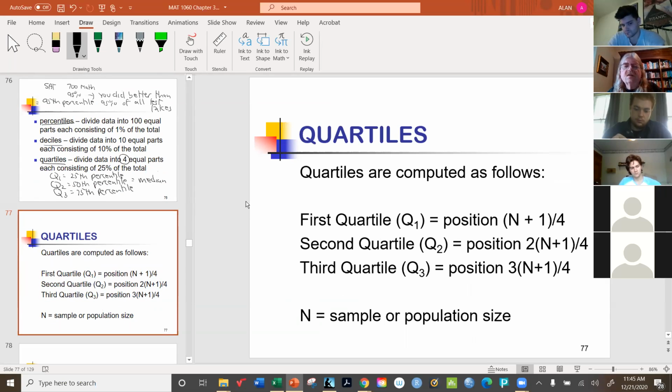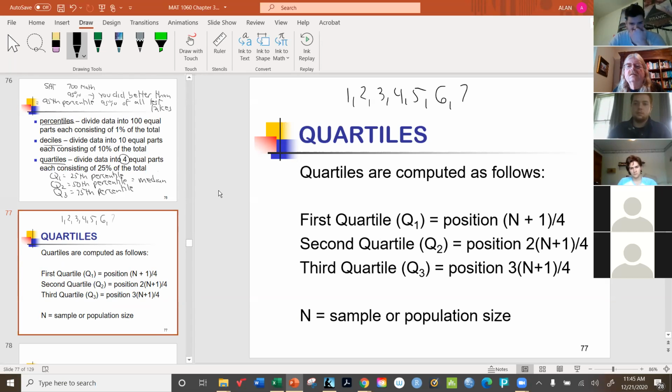What we have to do is sort our data from low to high. And then essentially what we're doing is looking for a specific position within that data. Okay, a position. So in other words, let's say I've got the numbers 1, 2, 3, 4, 5, 6, 7. So in this simple case, the position of the first quartile, where n is the size of the sample that I have, or population as the case may be, is (7 plus 1) over 4, which is 2.